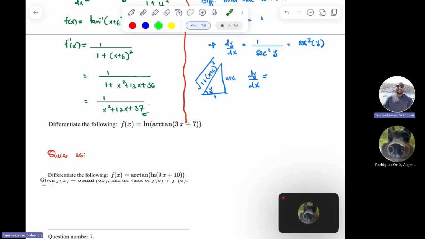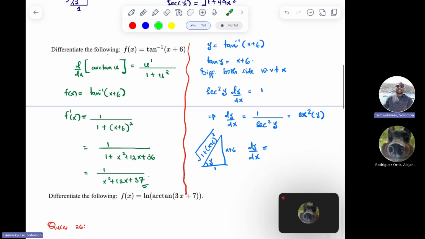cos squared, but cosine is the same as adjacent over the hypotenuse.